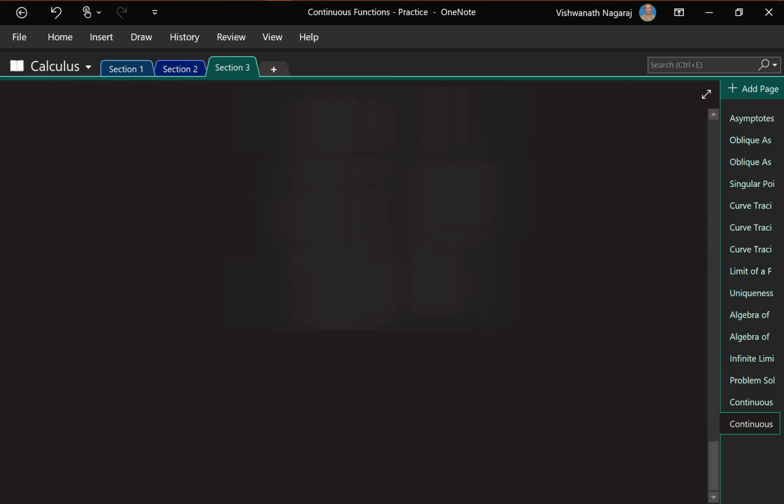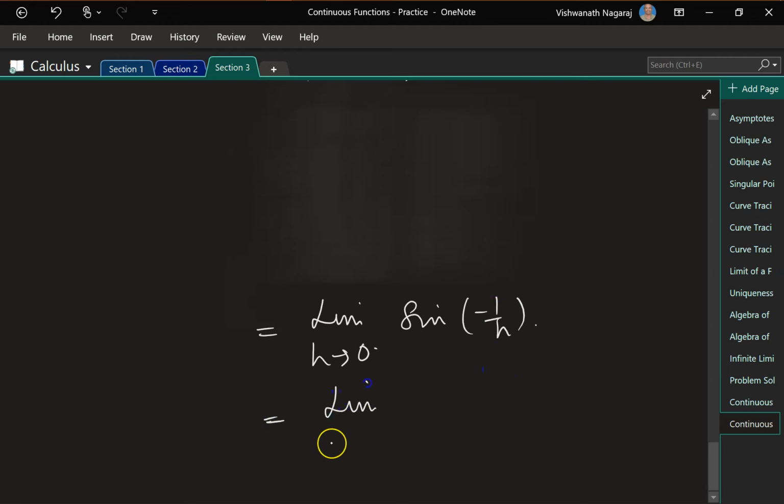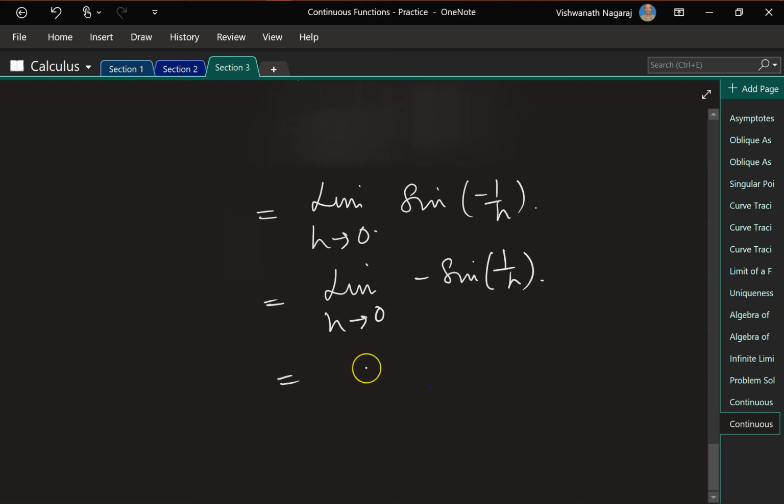Now let's write it in terms of the sine itself, limit as h approaches 0 of sine minus 1 by h, which is equal to limit as h approaches 0 of minus sine 1 by h, and this you can't really put a definite value to.